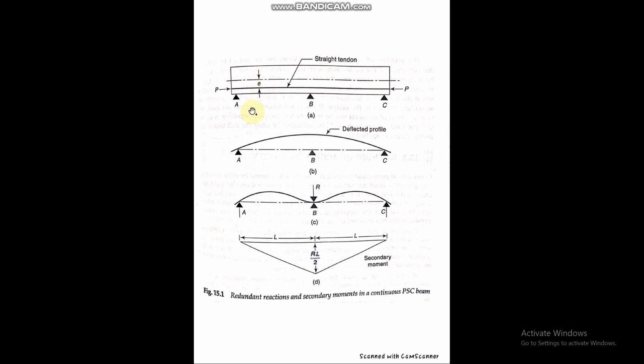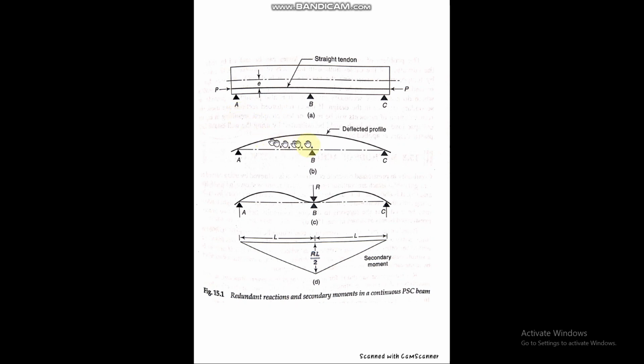So the bending moment, like we learned while calculating deflections, will be of a rectangular shape, right? And the magnitude will be constant, that is Pe. Since it is a hogging moment, the sign would be negative. That is called the primary bending moment, which is caused by the application of prestressing force, considering it as a statically determinate structure.